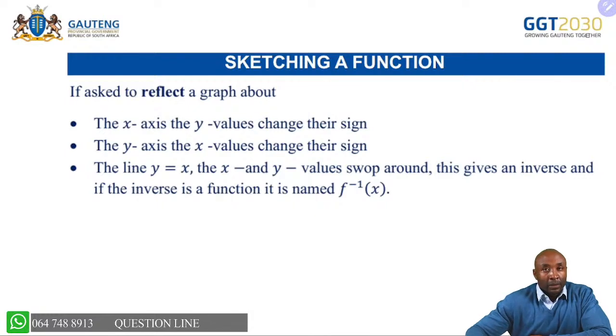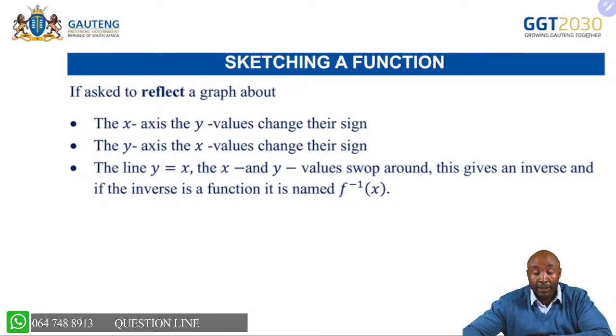Now, most questions sometimes will ask us to determine the equation after doing some transformations. We know the reflections, we should be able to reflect the graph about the x and about the y-axis. And we should also note that the y-axis and the x values change their signs.